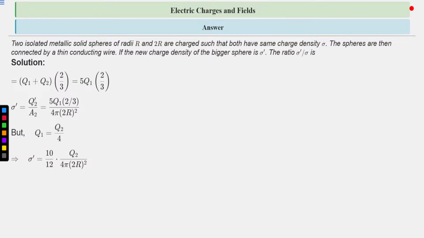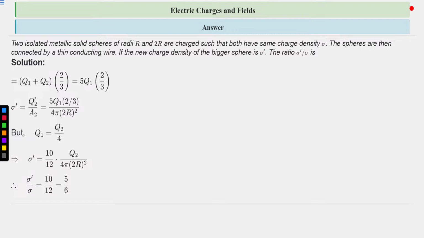Now we can see Q2 by 4 pi 2R whole square is the surface charge density of the bigger sphere before the transfer of the charge, before connecting it to the other sphere by thin conducting wire. Q2 by 4 pi 2R square is the initial surface charge density of the bigger sphere, and sigma prime is 10 by 12 into Q2 by 4 pi 2R square, which eventually becomes sigma prime by sigma.